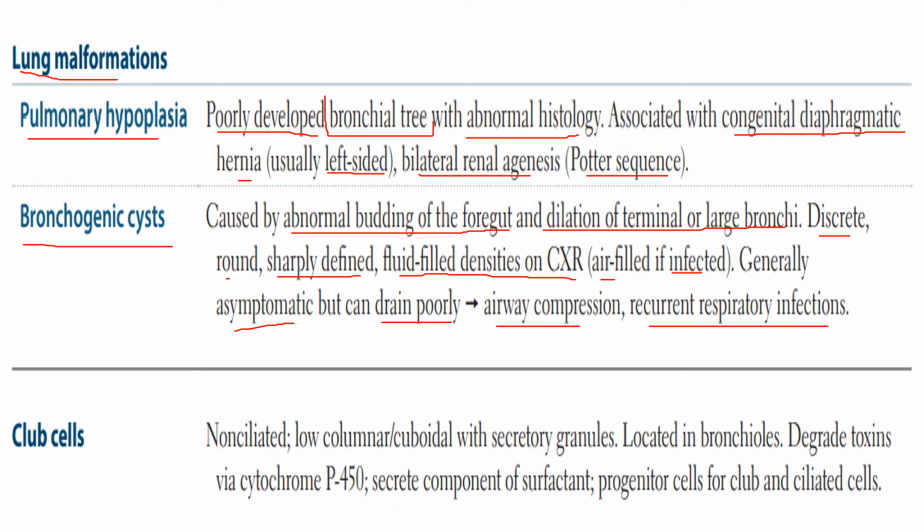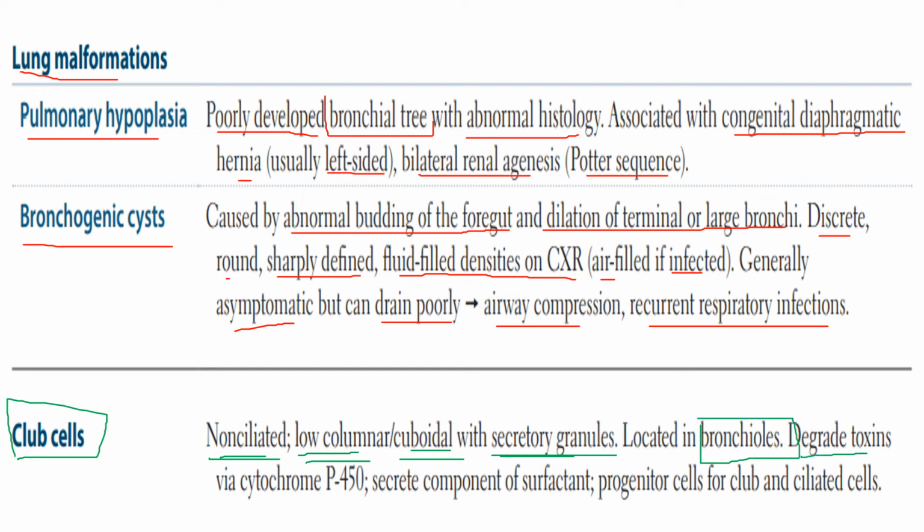Now we'll talk about the club cells. They are non-ciliated, low columnar or cuboidal cells with secretory granules, located in bronchioles.